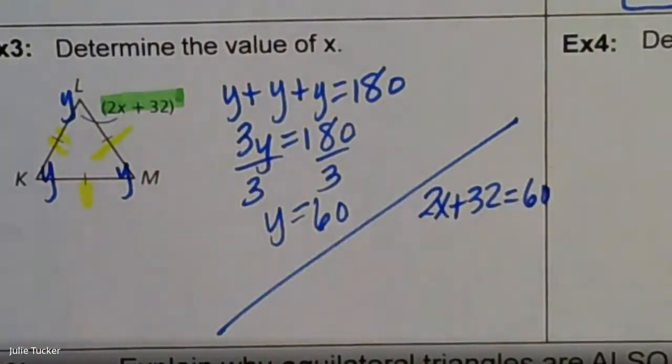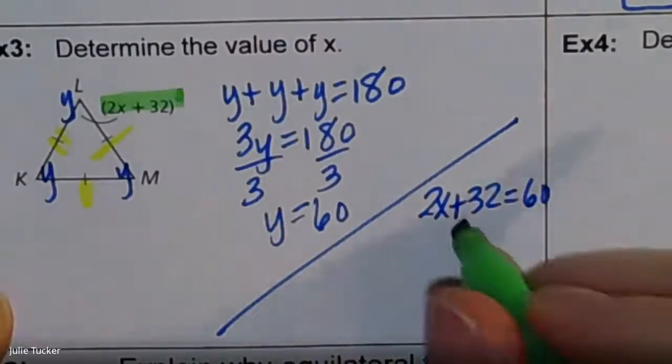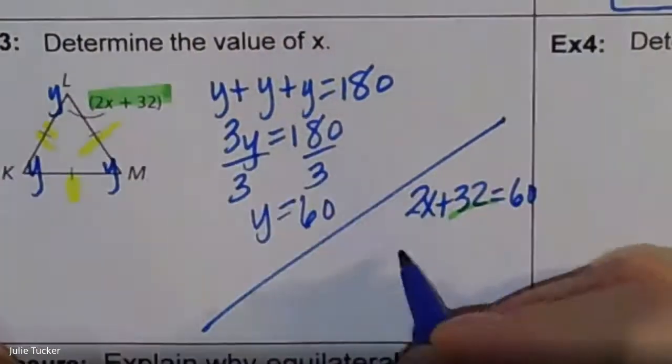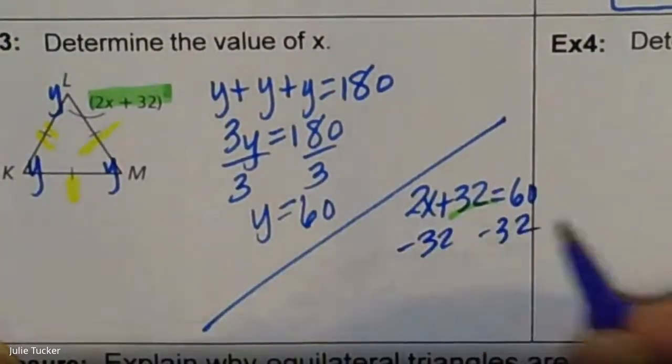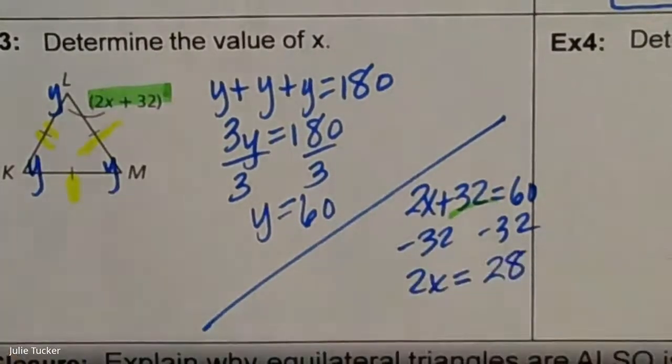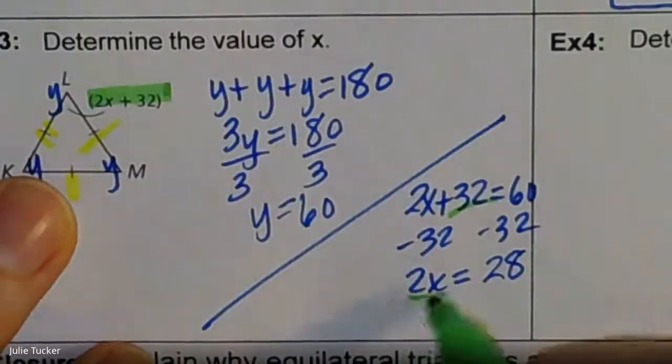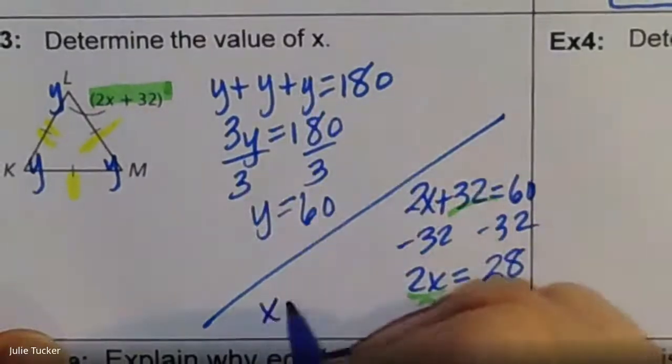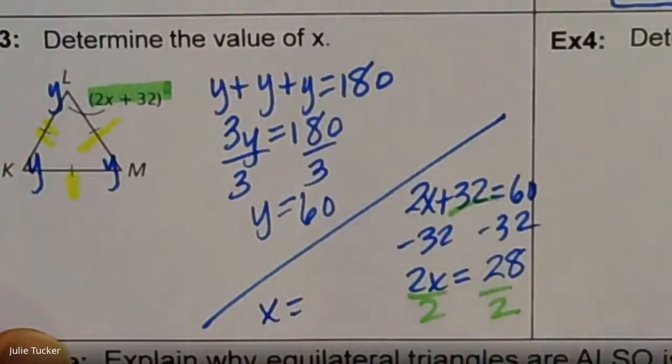Now, what do I want to eliminate? Good. Okay, so I'm going to subtract 32 on both sides. And then I'll have 2x equals 28. And yes, exactly. And then I have x equals 28. What's half of 28?